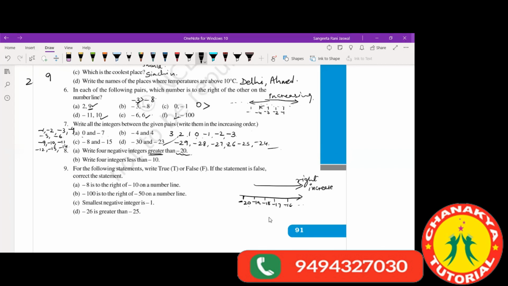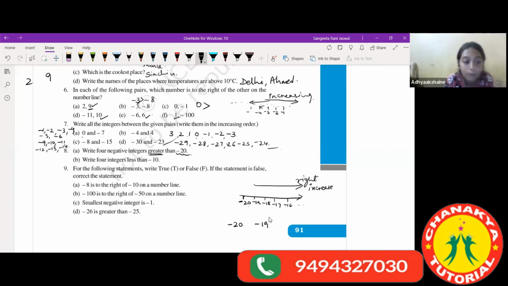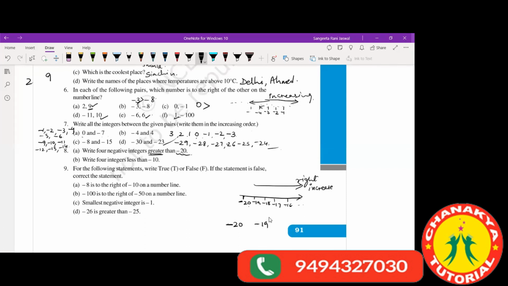You were saying which number is greater here. Ma'am, -20. See, when you have negative signs, whatever number is towards the right side, that number is greater.